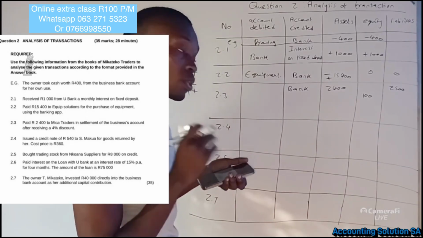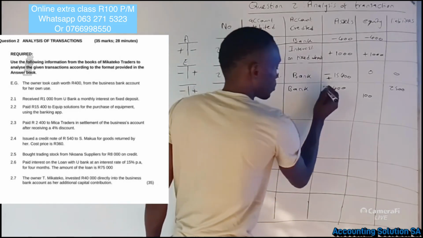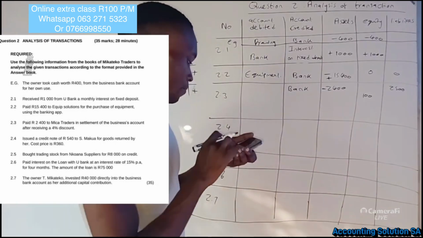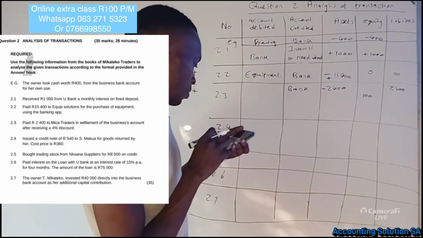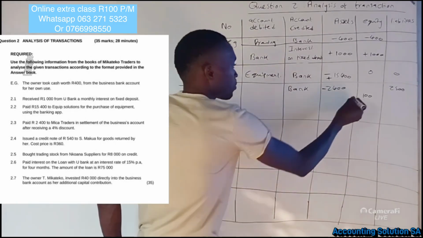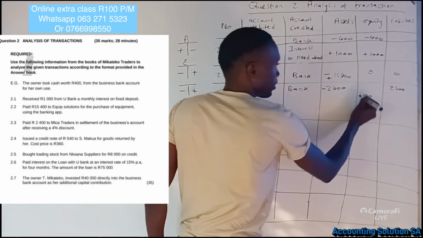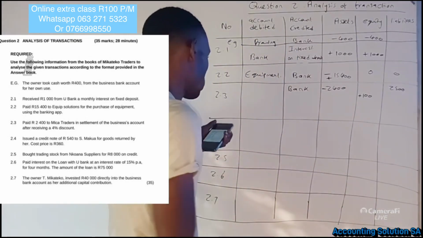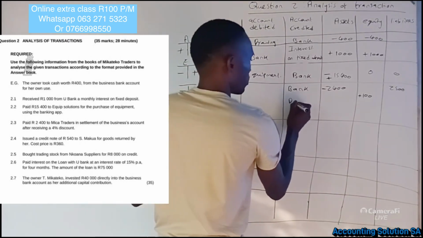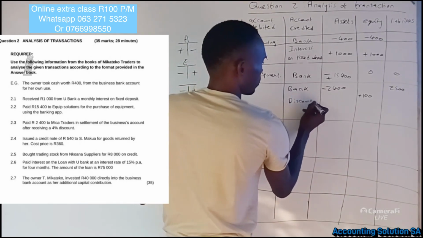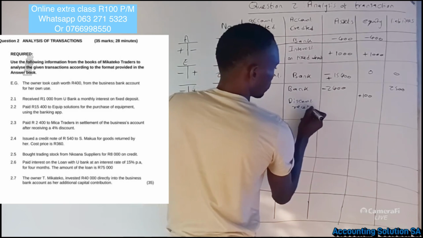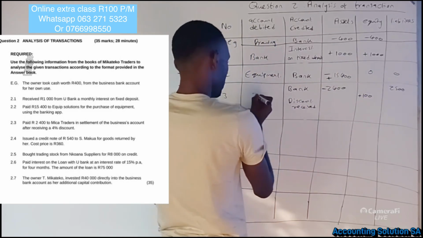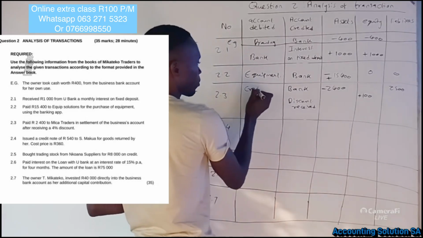Yes, we paid 2,400. This is the money that goes out of our business. Okay, but the 4% discount is going to be income to us because we didn't pay it. Which means that in this case we're going to say discount received. This one is our liability, a creditors control.